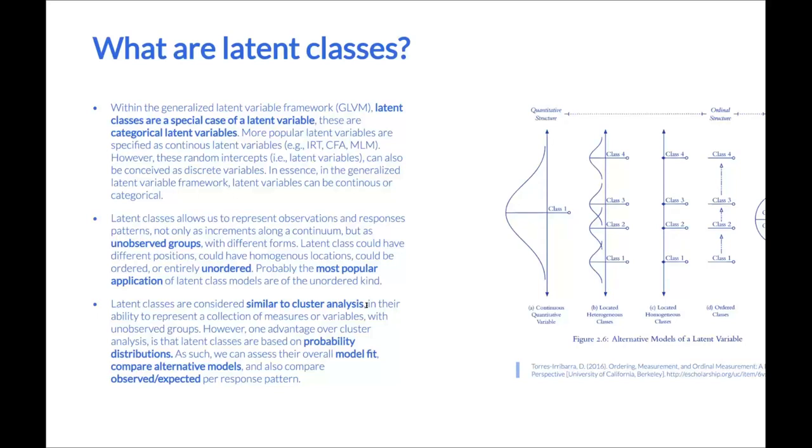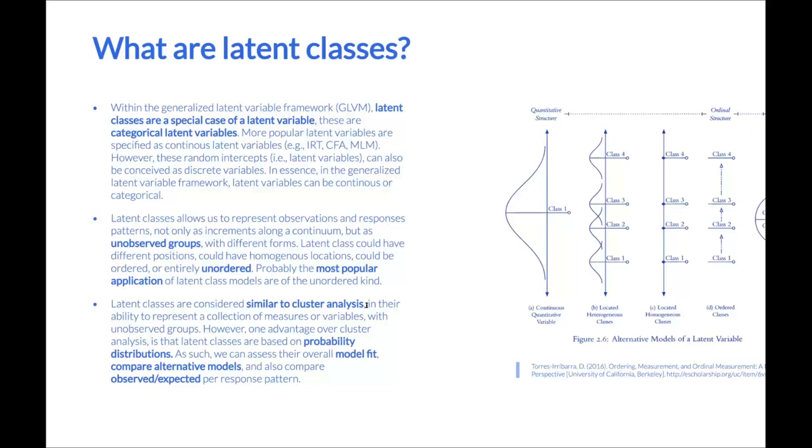Probably the other kind of statistical approach out there that is similar to the process that latent classes are trying to resolve is cluster analysis. But the main difference between latent class models and cluster analysis is that latent class and all the mixture models come from a probability distribution. So that means that you would have fits, that you can compare models, that you would have residuals, and so on.